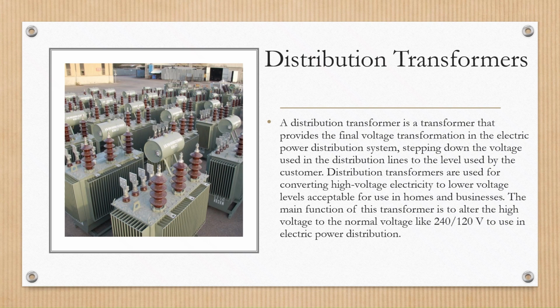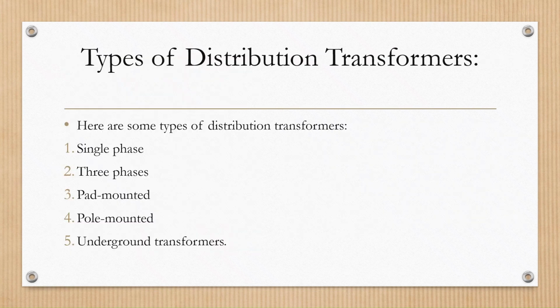The main function of this transformer is to alter the high voltage to the normal voltage like 240/120 V to use in electric power distribution. Here are some types of distribution transformers: single phase, 3 phases, pad mounted, pole mounted, underground transformers.